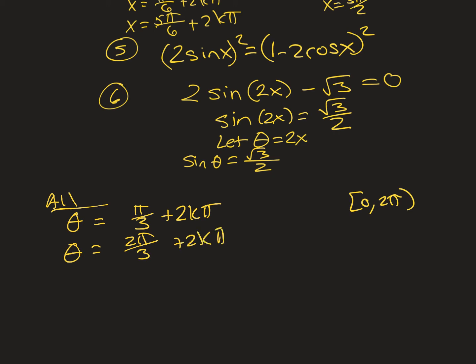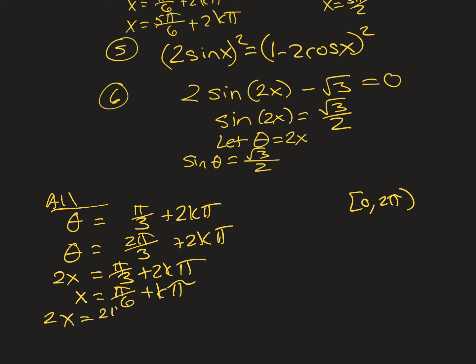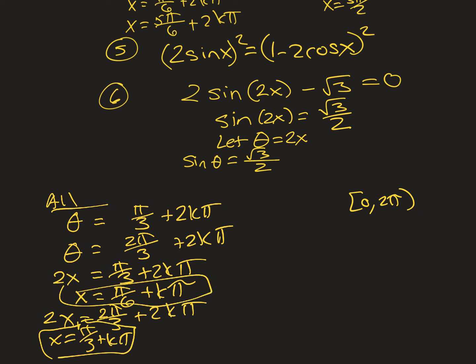And remember though, we're solving for x, so plug back in what theta is. 2x is pi over 3 plus 2k pi, which means x is pi over 6 plus k pi. And for quadrant 2, 2x is 2 pi over 3 plus 2k pi, so x, if I divide by 2, is pi over 3 plus k pi. So there are the solutions for all solutions.